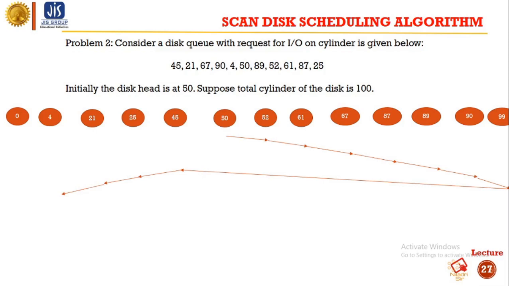If we move in the opposite direction first, then we will move from 50 to 45, then 25, then 21, then 4, then 0, and from 0 we will move to 52, then 61, then 67, then 87, then 89, then 90 and then 99.